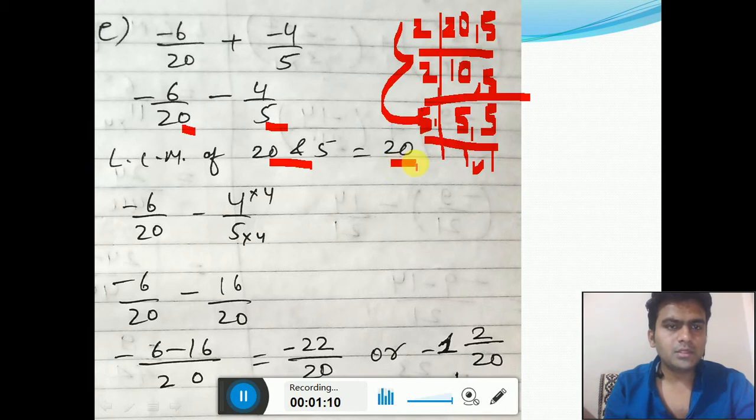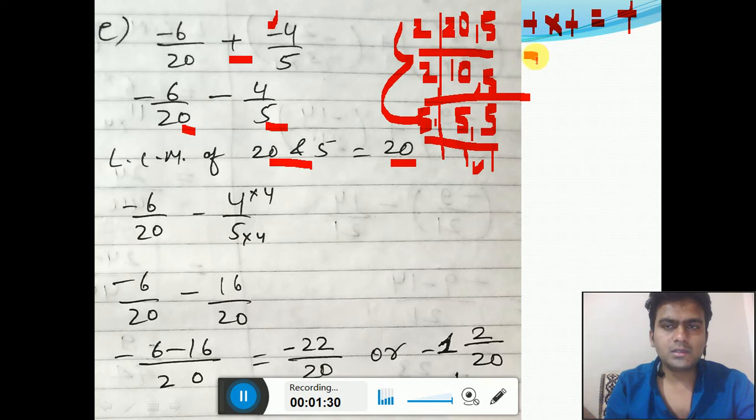So LCM is 20. And here this plus and minus multiply each other, and plus minus equals minus. I think these rules you also know. Plus into plus equals plus. These are the rules.